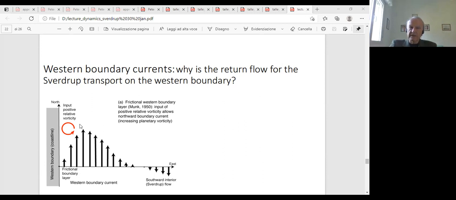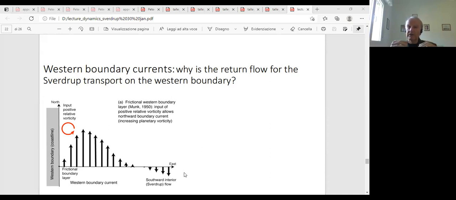This is what I was talking to you about before. The western boundary current is really a return flow for the Sverdrup southward interior flow, which is a very weak current flowing southward, related to the potential vorticity conservation law, which makes the water column move southward.